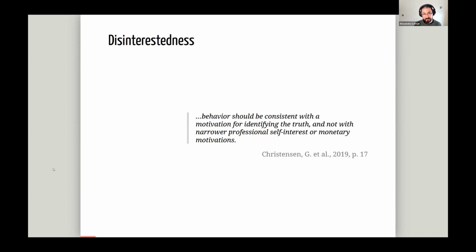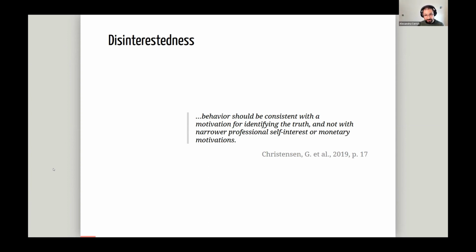The third principle is the lack of conflict of interest. The idea is that as scientists, our main aim should be to uncover the truth. It shouldn't be to sell products or to only look at evidence that supports our pet idea. We should be open-minded, and we should really think about what is the truth and less about other possible interests like our career or our company or our institutions.